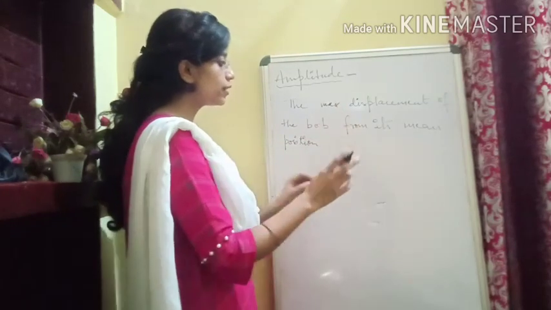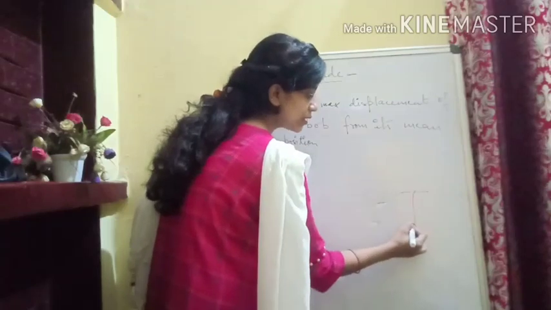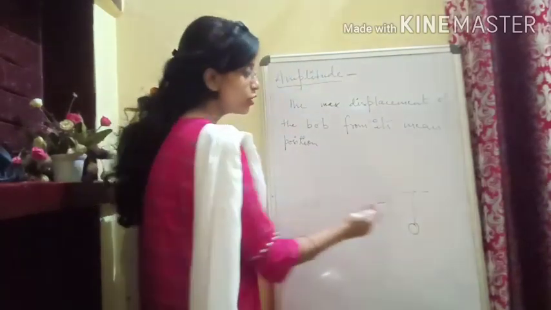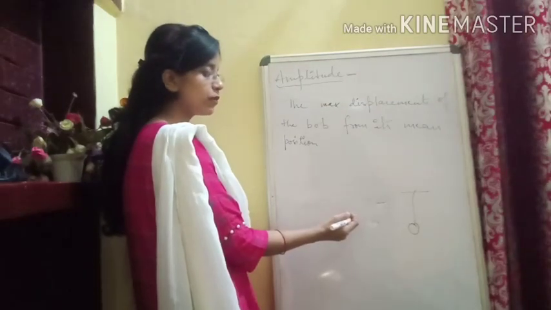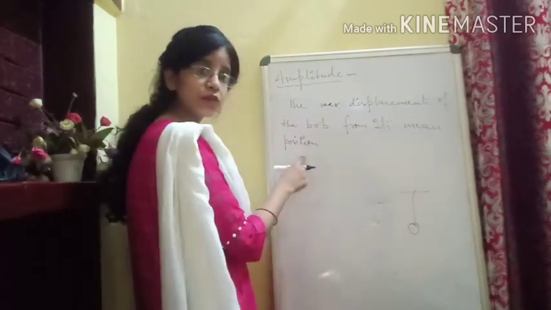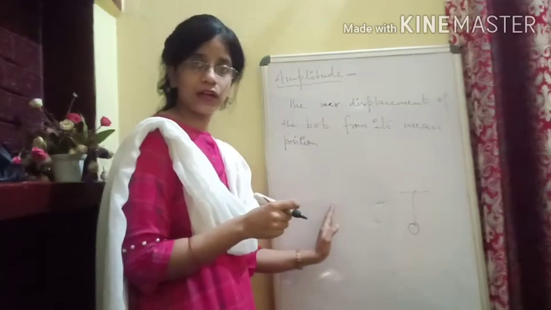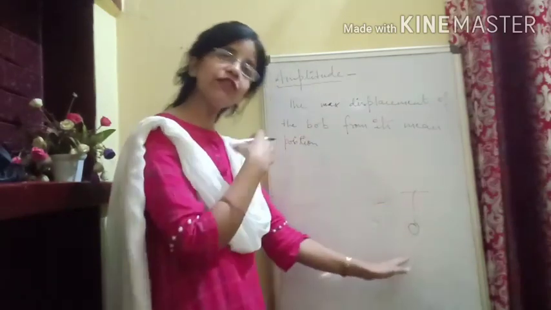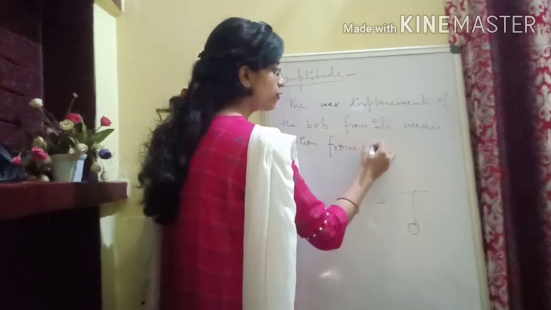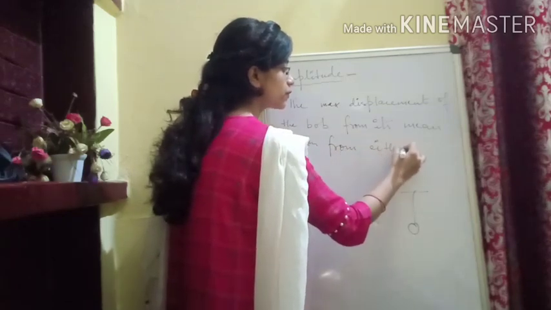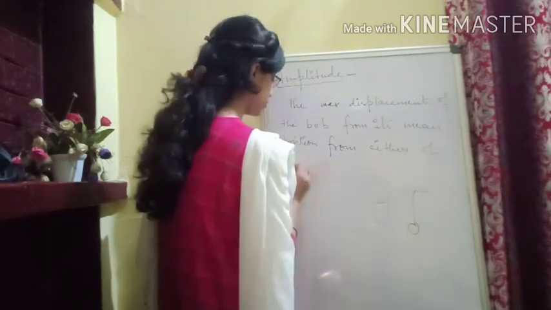Okay, one thing, when the bob is at its mean position and it is doing the oscillation, the maximum displacement of the bob from its mean position, not only this side or that side, any of the sides. So we can take it from either of the sides.